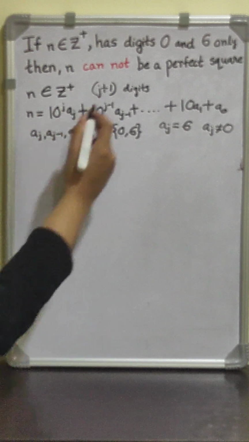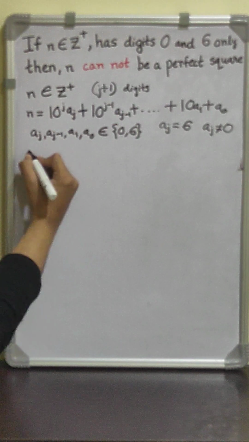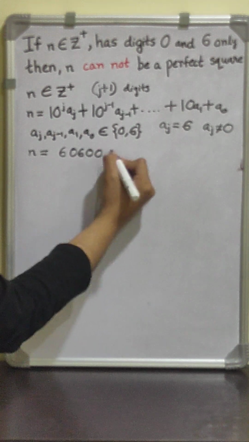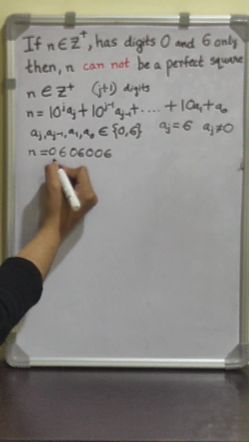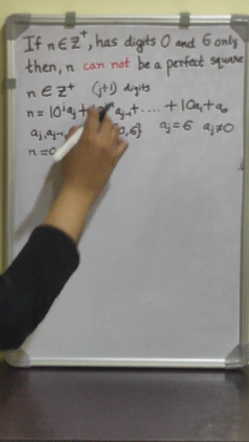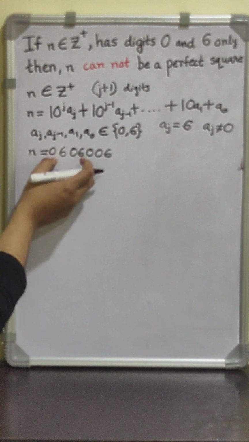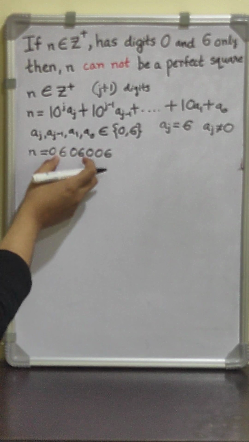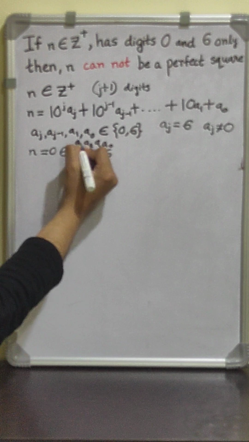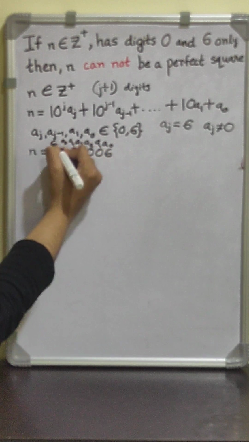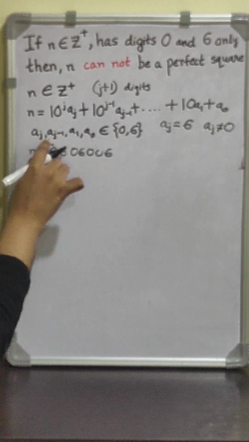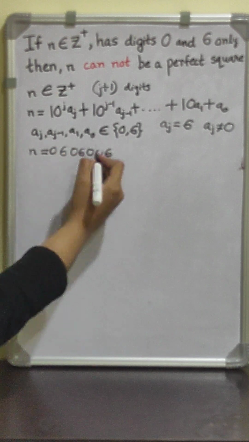If n is constructed with zeros and sixes, and this, by the way, is a 7-digit number, so j plus 1 is 7, but if the first digit a_6 here is 0, then because a_0, a_1, a_2, a_3, a_4, a_5, a_6, adding 0 to the left of a number doesn't change the number.